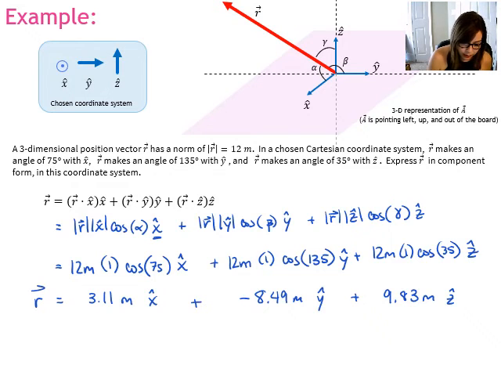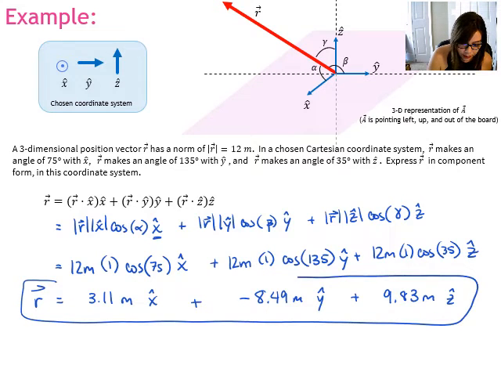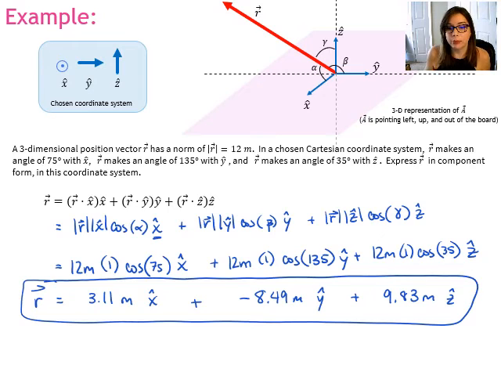And here's my final answer. This is vector r, as simplified as it can be, written in component form. So it has each of these vector components added together. All right. So that's what you have to do.